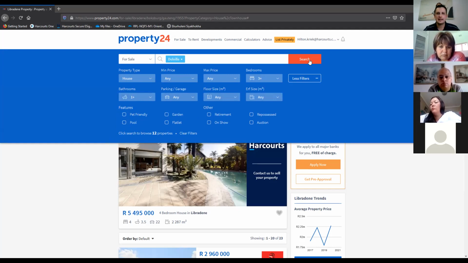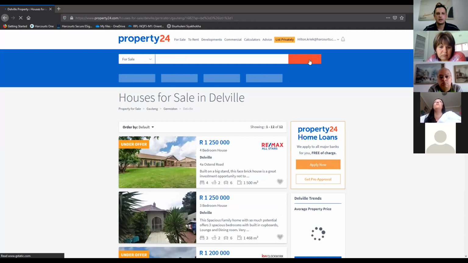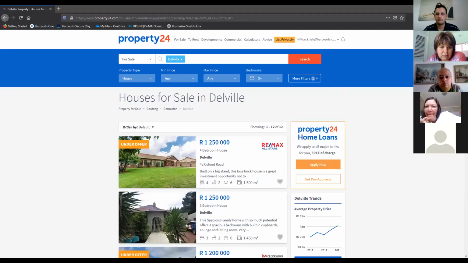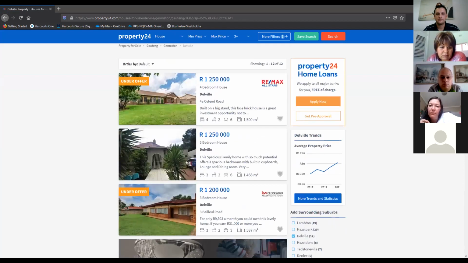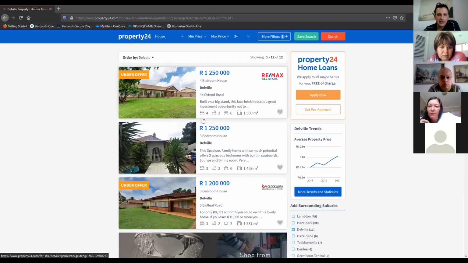And let's see what comes up. Okay. So here I've got a 4-bedroom, 2-bathroom property with parking space for 6 vehicles, and it's a 1,500 square meter stand, which is pretty big, for 1,250. Here I've got another property, 3 bedrooms, 2 baths, the same one, I assume.